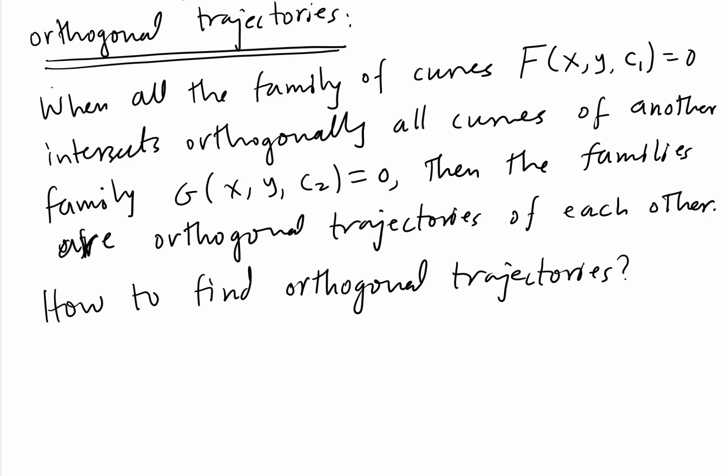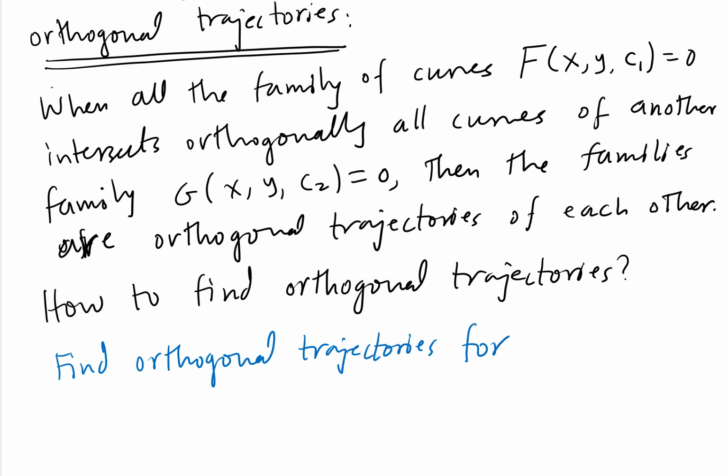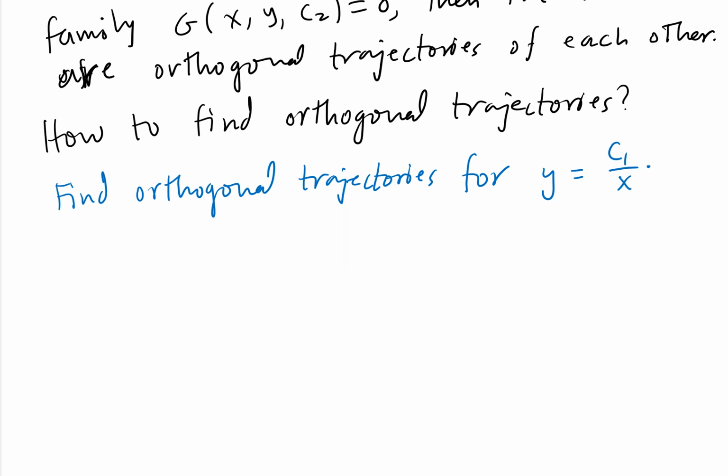For example, find orthogonal trajectories for the curve y equals c1 over x. We need to find orthogonal trajectories for this one. First thing we do is solve for c1, which is xy if we cross multiply.